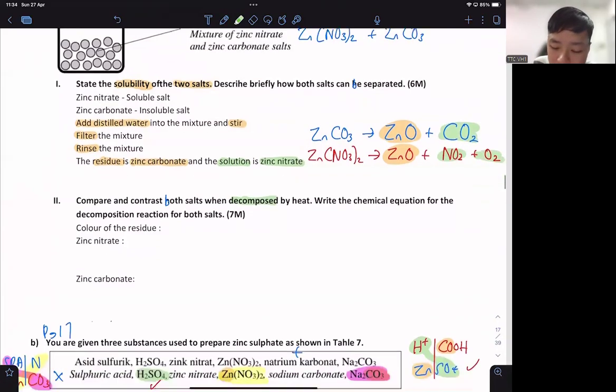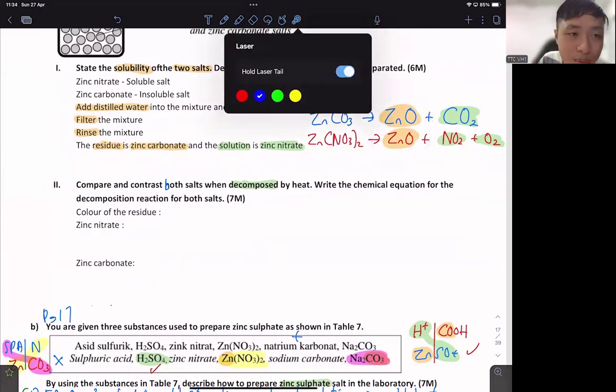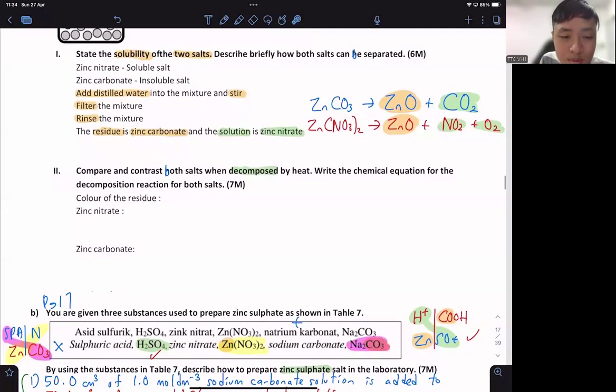Now, what is the color of zinc oxide? You can compare that. Remember the PbO and ZnO, special salts. PbO is brown when hot, yellow when cold.